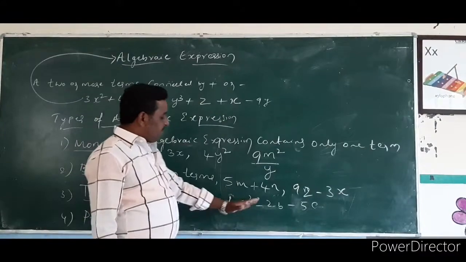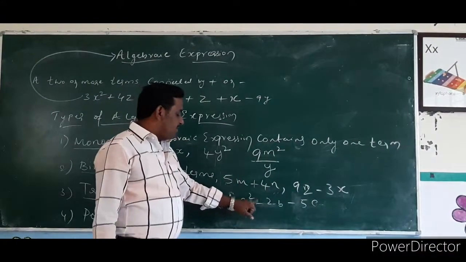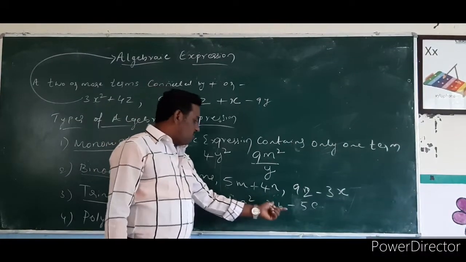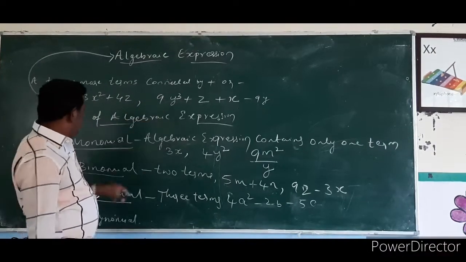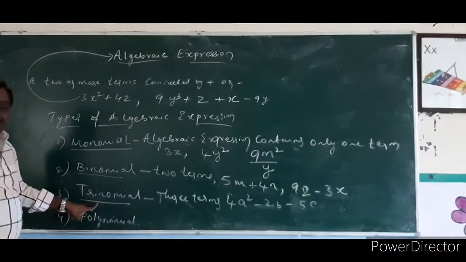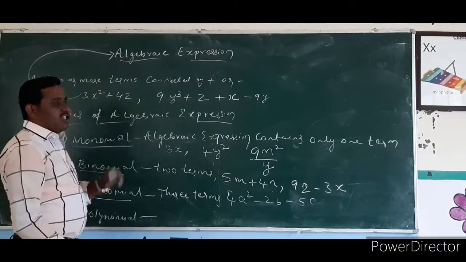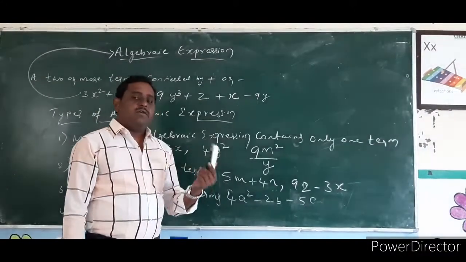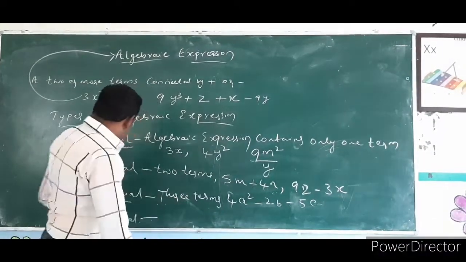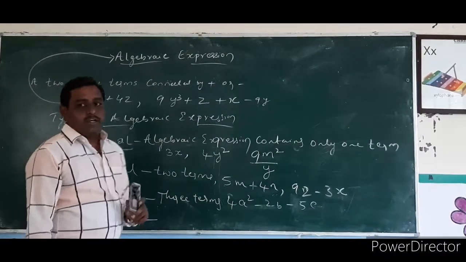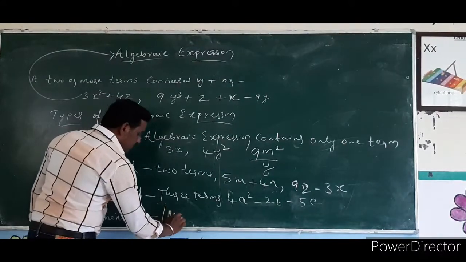Either plus or minus, we don't bother here. After each plus or minus sign, count 1 term, 2 terms, 3 terms. An algebraic expression containing three terms is called a trinomial. What is meant by polynomial? An algebraic expression which contains more than 2 terms. More than 2 terms is called a polynomial, or multinomial.